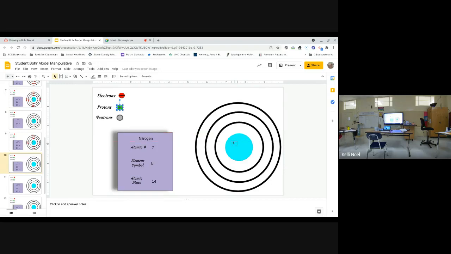So protons are 7, so you can drag 7 in, you can do our shortcut. 7. 14 minus 7 is 7, so neutrons is also 7.